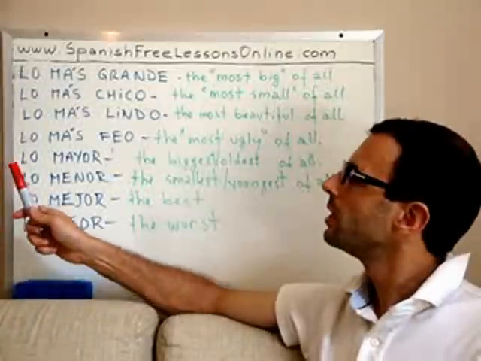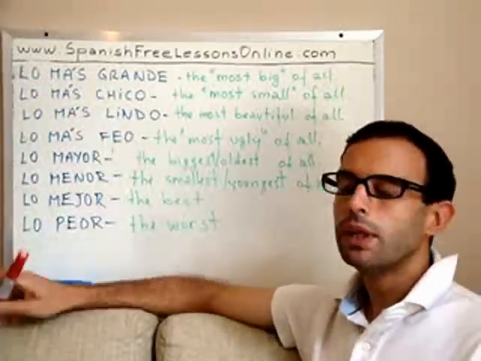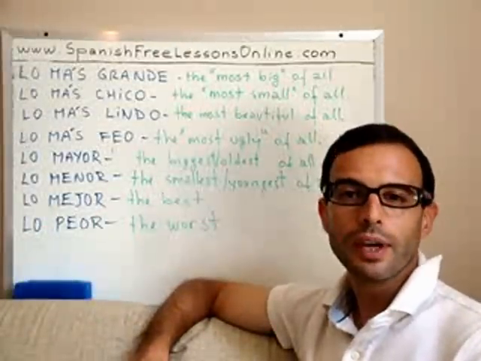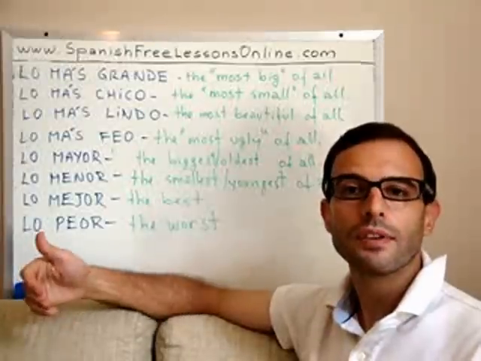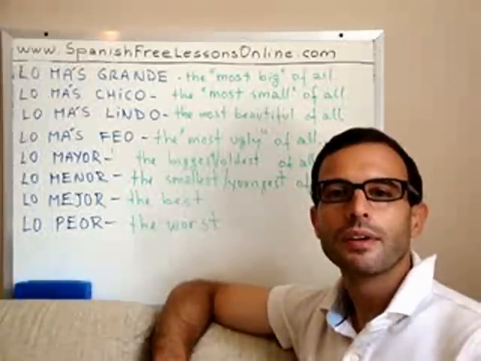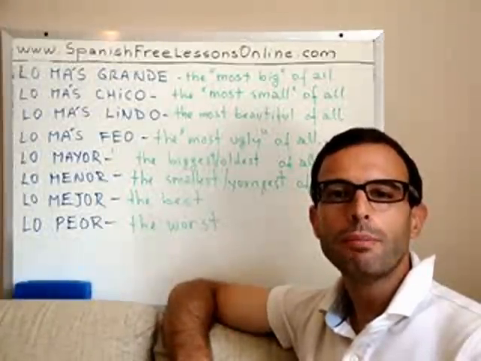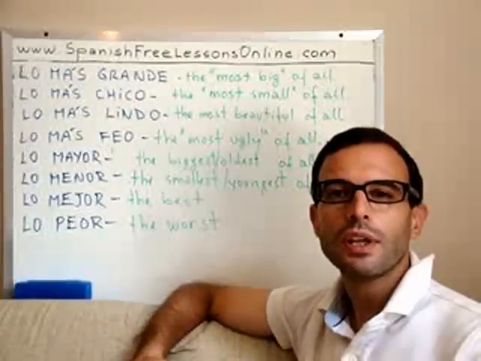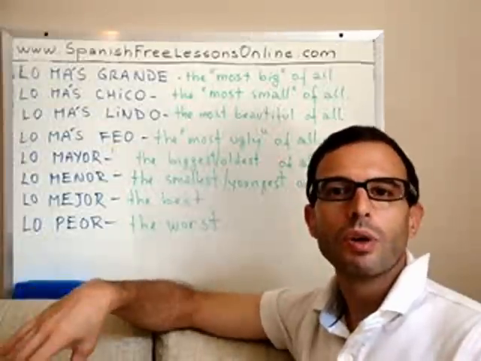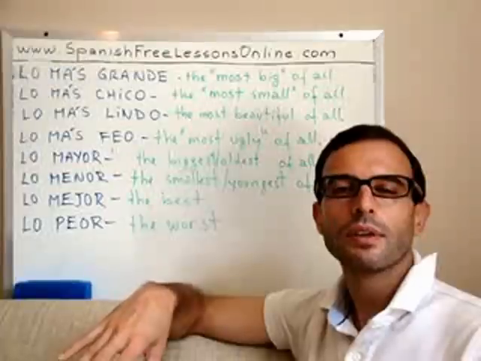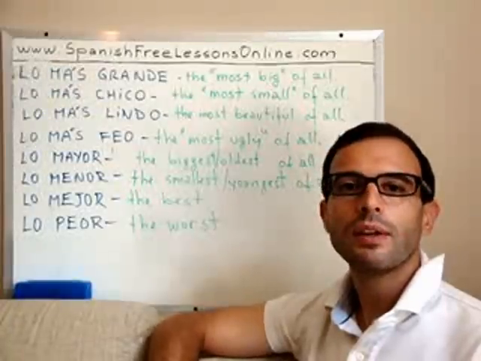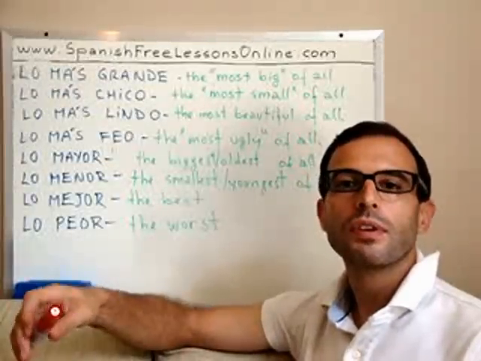For example, lo más grande would be like the biggest of all, okay? What do I mean with that? Because if we say the biggest simply, it's already implying that there's nothing bigger, right? But when we say the biggest, it's usually referring to the biggest among something we were talking about, right? And when we say lo más grande, it would be the biggest of all.